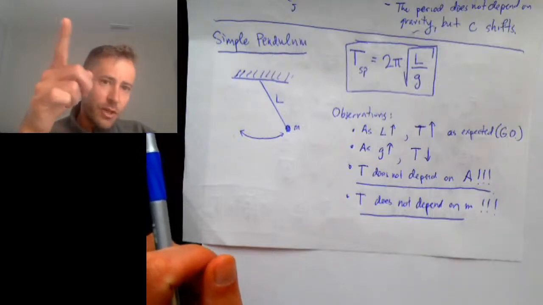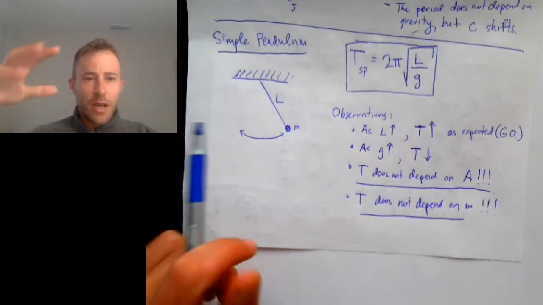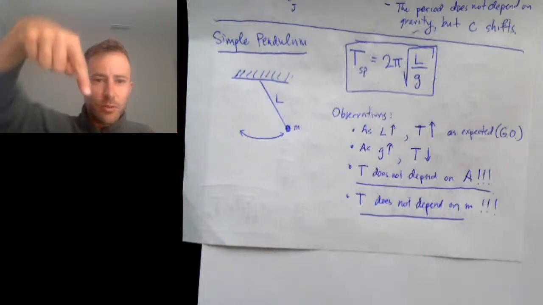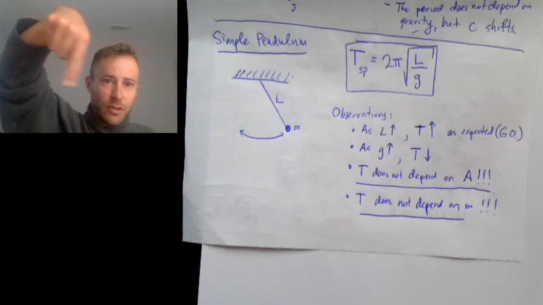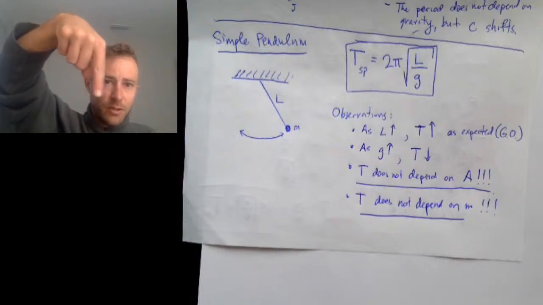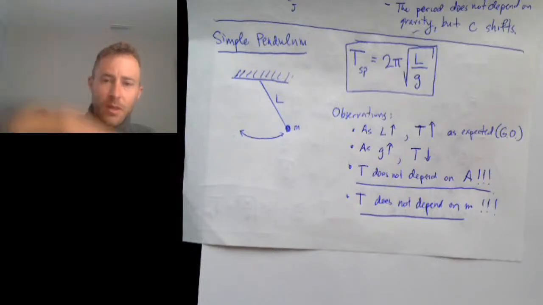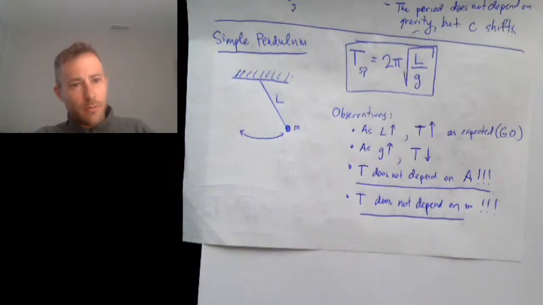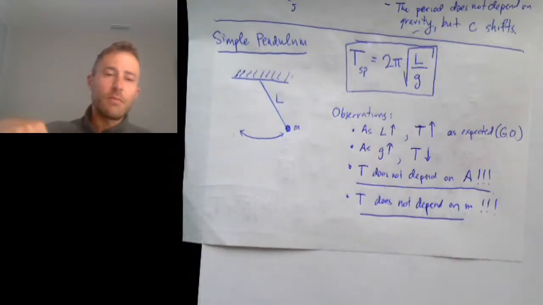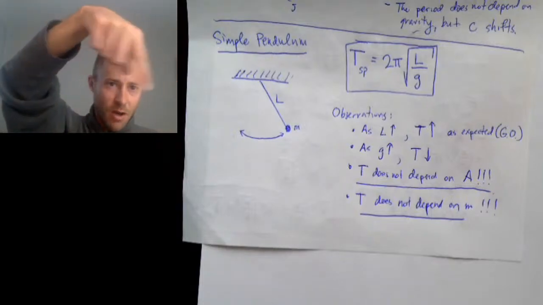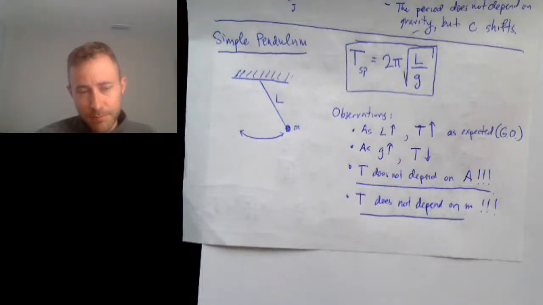But here's the thing. You can imagine in a real physical situation, the pendulum bob is going back and forth, and eventually it stops. Eventually it settles down, and it's just like this. The more massive your pendulum bob is, the less susceptible to air resistance it is because it has more inertia, and so it's able to go a lot longer before stopping.